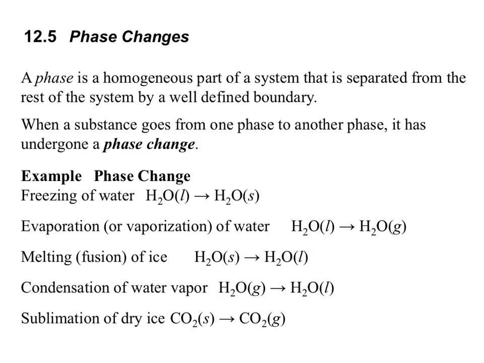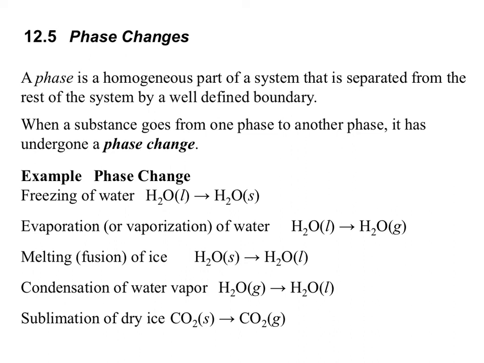Moving on. Phase changes. A phase is a homogeneous part of a system that is separated from the rest of the system by a well-defined boundary. When a substance goes from one phase to another phase, it has undergone a phase change. Here are some examples of phase changes. When water freezes, when it turns from liquid to a solid.